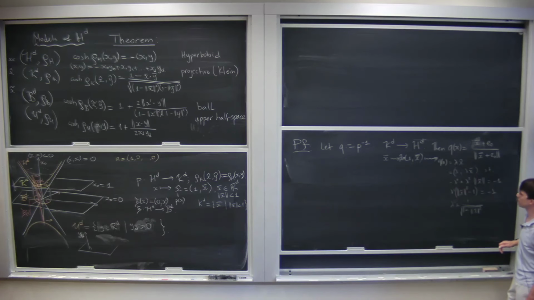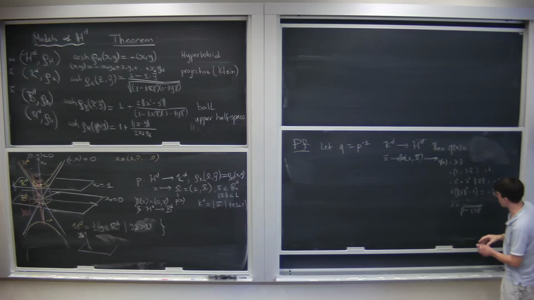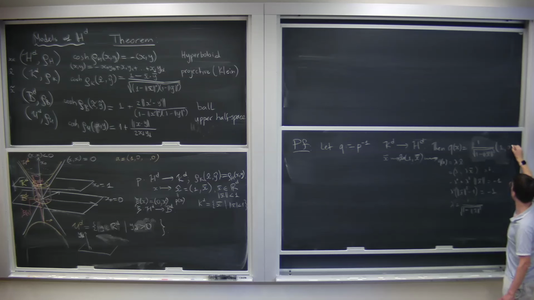Maybe it is better if I just explicitly write it this way. So we have 1 over the square root of 1 minus x squared, and here is the pair 1, and the remaining is x bar. Yeah, that's correct.